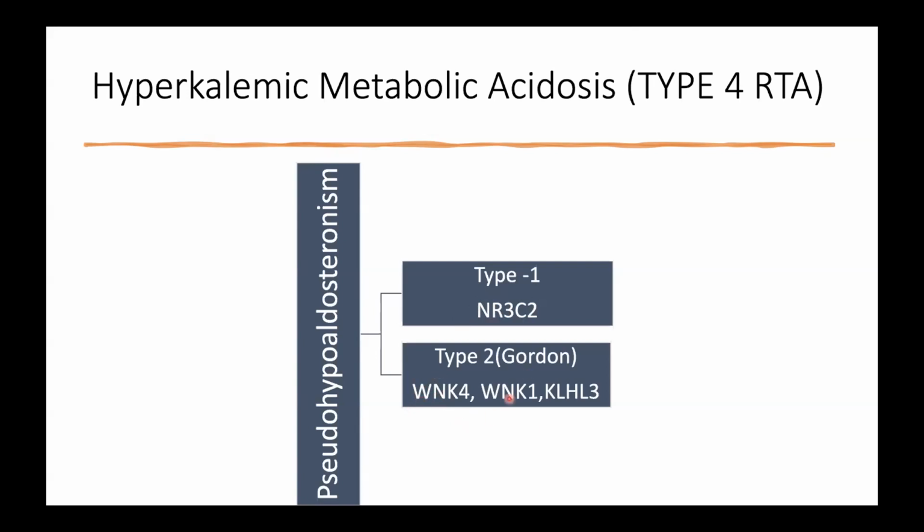So the mutation causes continuous stimulation of sodium reabsorption from the distal tubule, and this continuous reabsorption of sodium causes hypertension. It also reflexly inhibits the collecting duct from absorbing sodium, and thus gives rise to hyperkalemic metabolic acidosis.